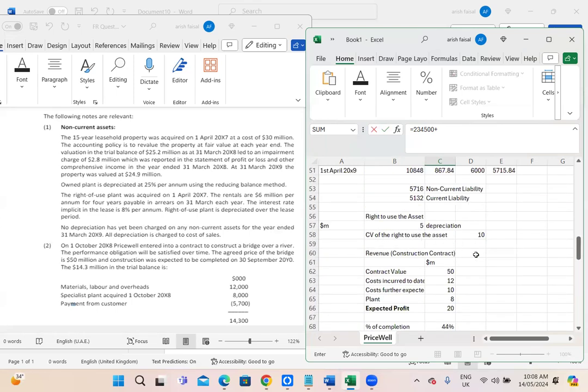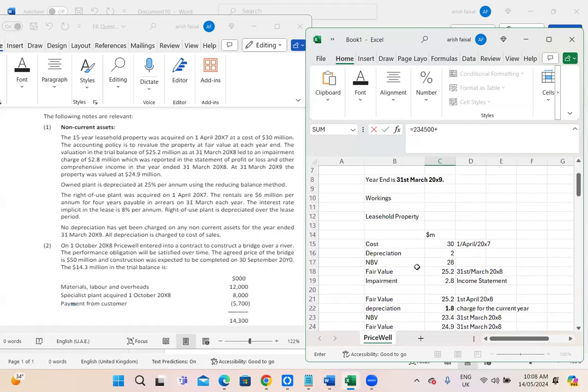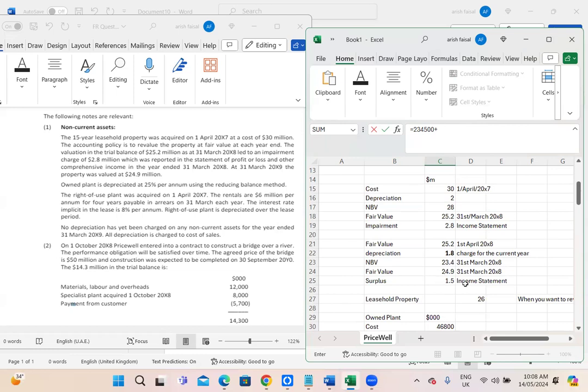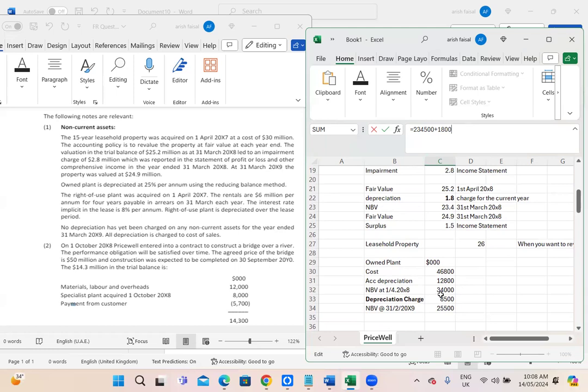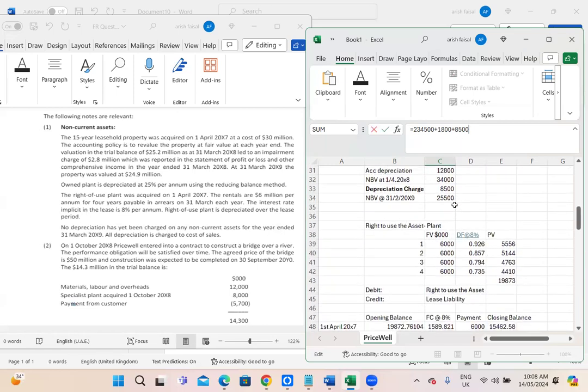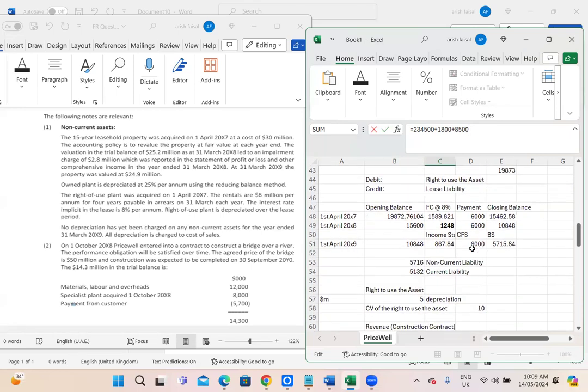So I'll tell you the depreciation what we have. The first one was for the leasehold property at 1.8 million, so we need to add that 1,800. Then the next one was on your owned plant, which was 8,500. Then the next one was on your right to use the asset, which was 5,000, I believe.